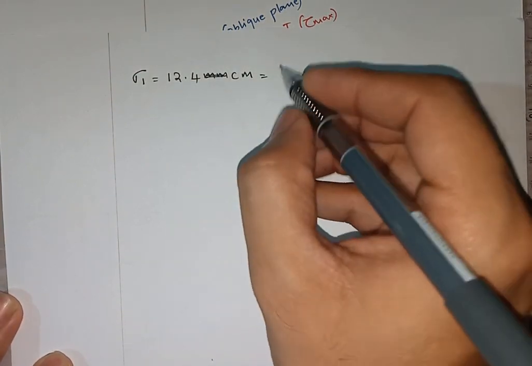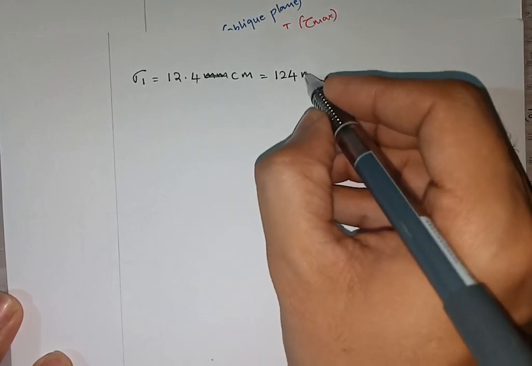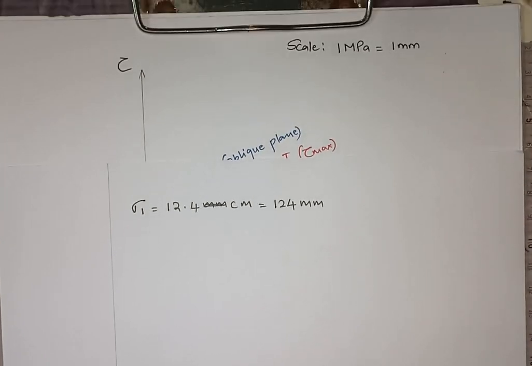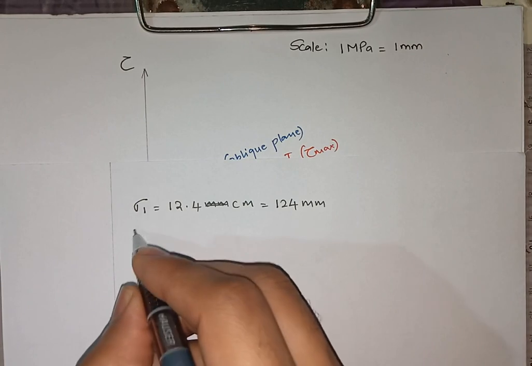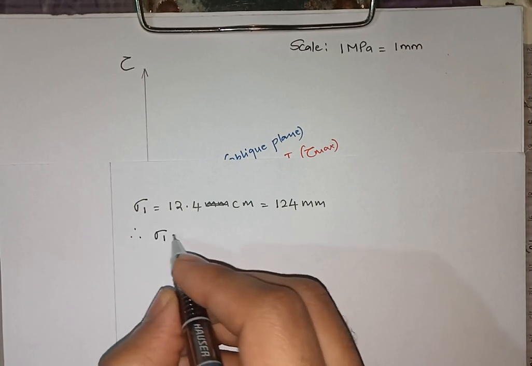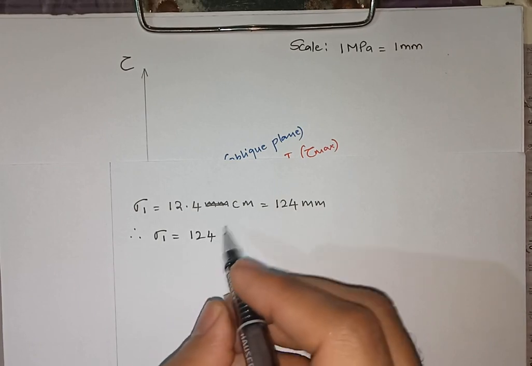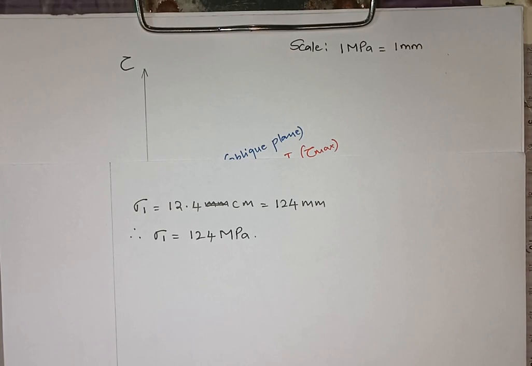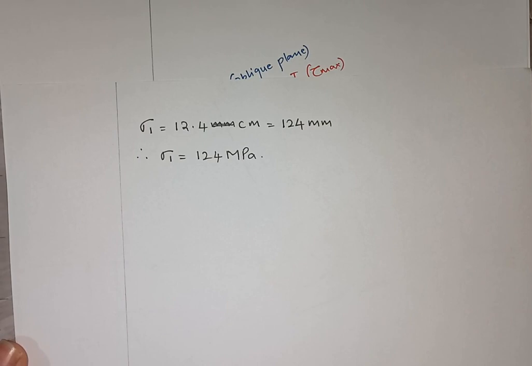So it gives me 12.4 into 10, that is 124 mm. If you look back to our scale, our scale is 1 MPa equals 1 mm. So therefore value of sigma 1 is 124 MPa.